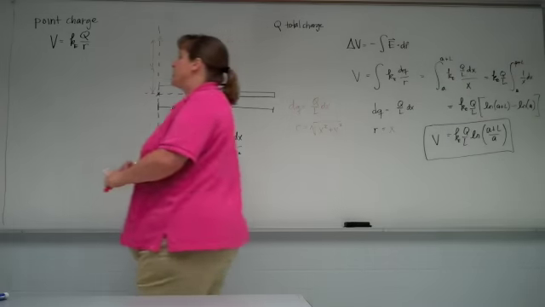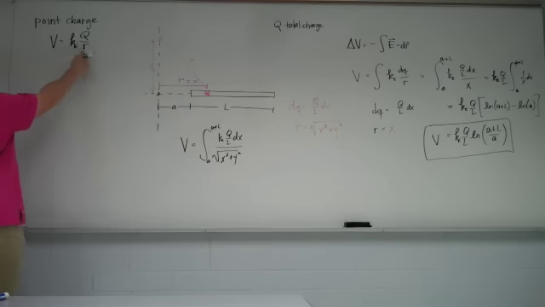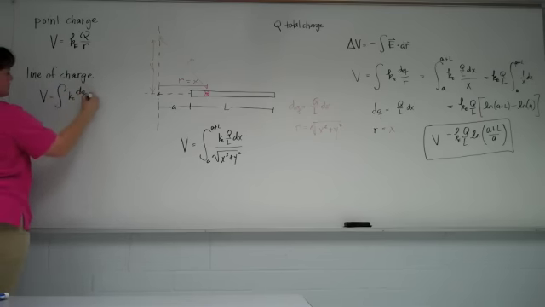So for a point charge, we can simply use kq over r. For a line of charge, you can treat it as a whole bunch of point charges and integrate to find the total.